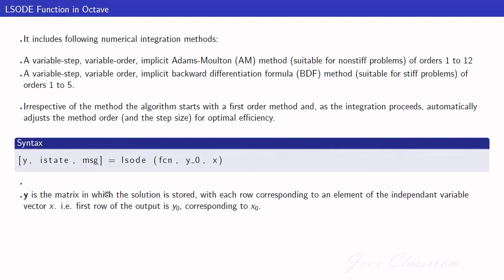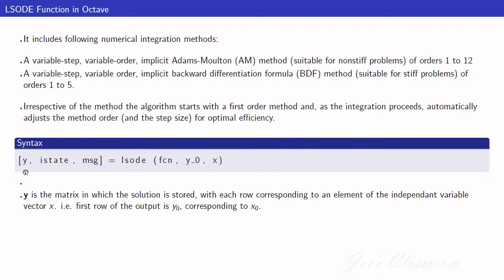Y is a matrix in which the solution is stored, and this is a mandatory variable to be used. Each row in the Y matrix will correspond to an element of the independent variable vector x. That means the values of the independent variable for which we need the solution will be in the vector x, and the first element in this vector x corresponds to the initial value of x.